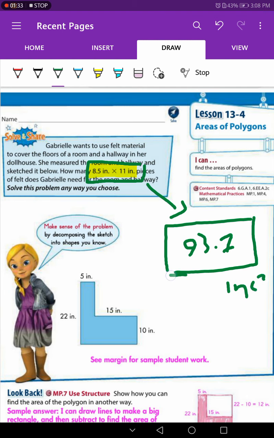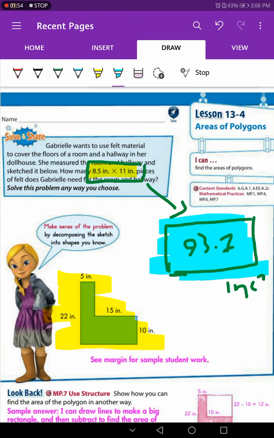That means how many of this area you need to cover the polygon. After you find the area of this polygon, you have to know how many pieces from this you need to buy to cover the polygon area.